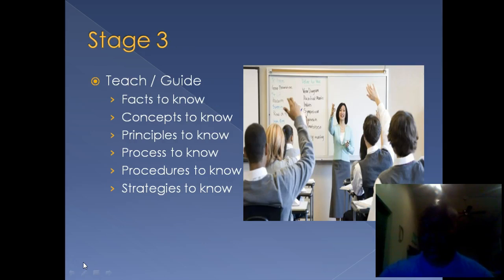Stage three. Stage three is we have to plan learning experiences and the instruction. This is where we teach and we guide. We teach facts that they must know, concepts, principles, and processes that the students have to follow.